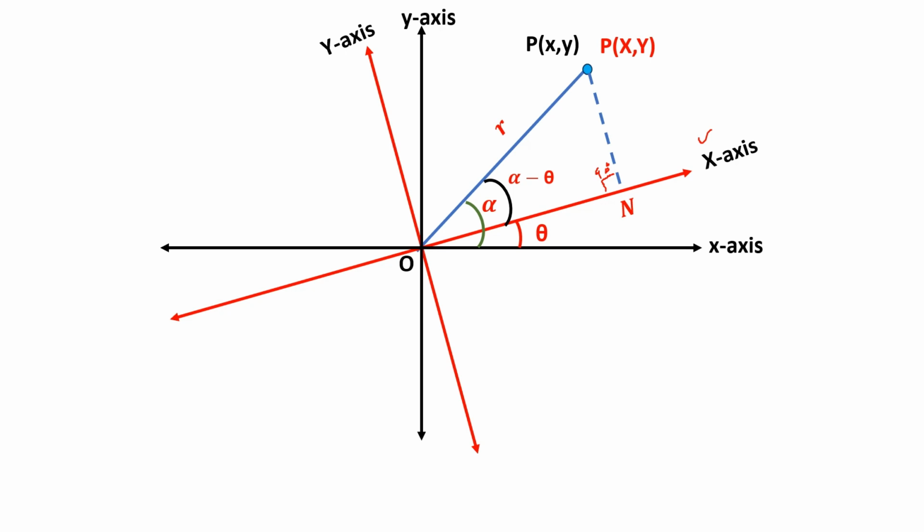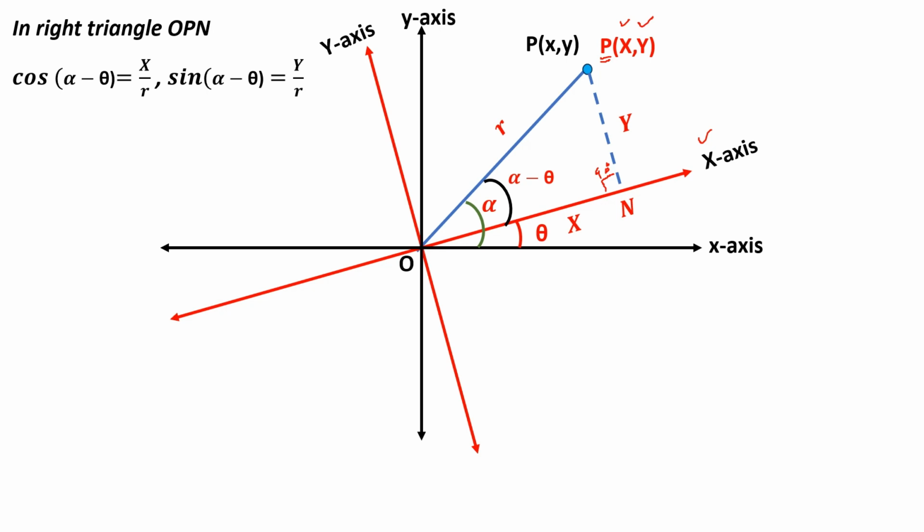In this right triangle, ON is the base which is represented by capital X and PN is the perpendicular which is represented by capital Y. The capital X and capital Y are the coordinates of the same point P according to the rotated set of axes. In this right triangle OPN, cos of alpha minus theta will be equal to capital X over R and sine of alpha minus theta will be equal to capital Y over R.